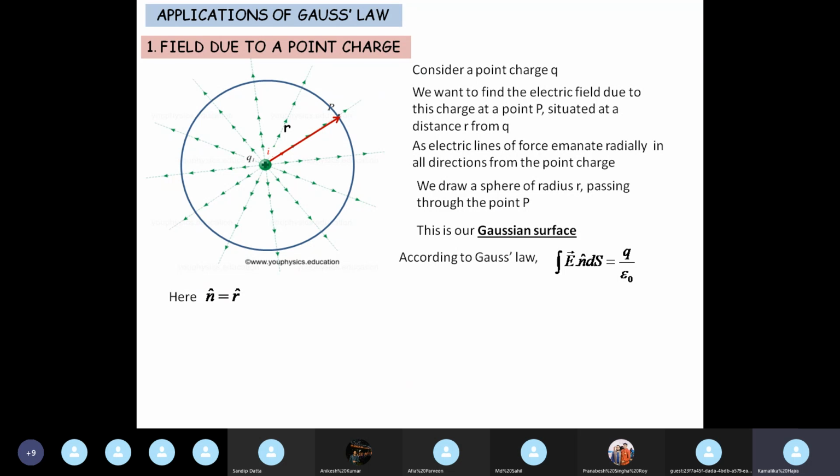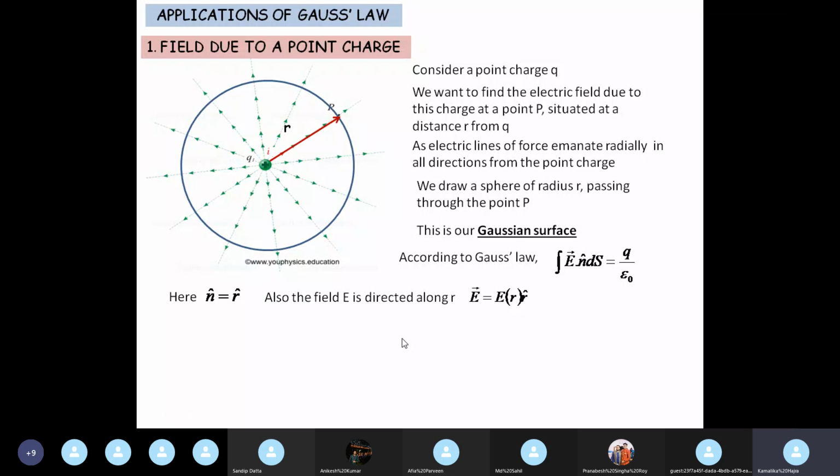Now here, this n cap is along r cap, right? Because the radii, anywhere on the surface of the sphere you take ds, the normal is along the radius at that point. So n cap is along r cap. The field lines are also radially outward.